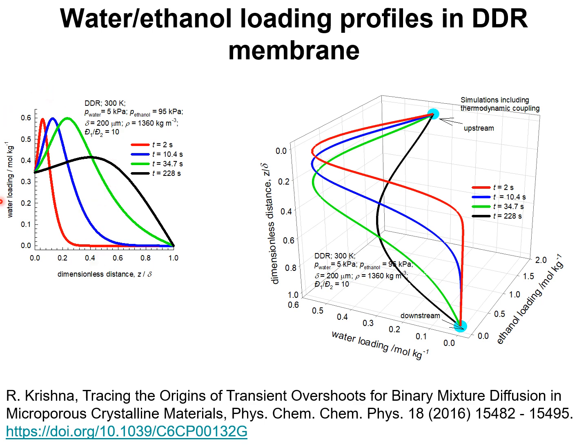This graph shows the development in the water loading across the DDR membrane, and during early transients we note that the component loading of water within the membrane layer is significantly higher than the loading at the upstream face of the membrane, and this is in conformity with the overshoot in the flux of water during early transients.